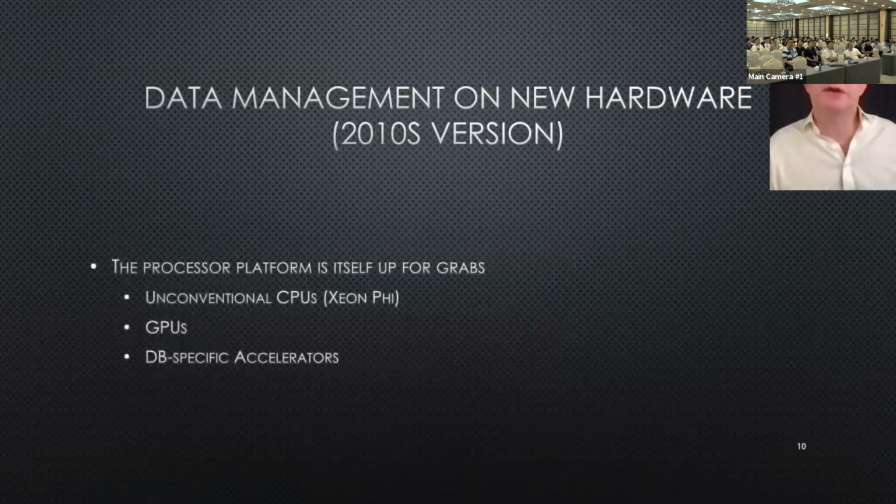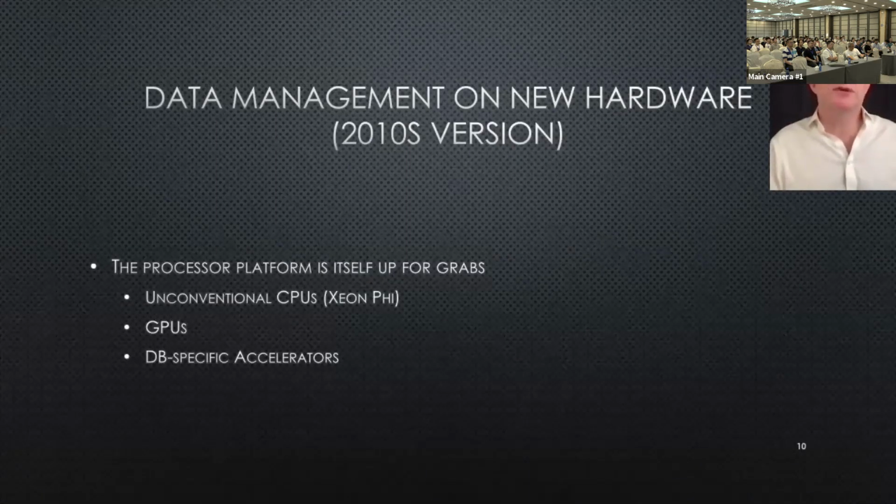Moving to the 2010s, people started thinking that the processor that's used to execute these data-intensive computations is itself something that was up for grabs. Maybe one could use some kind of unconventional CPU.